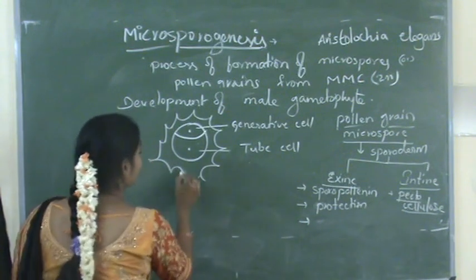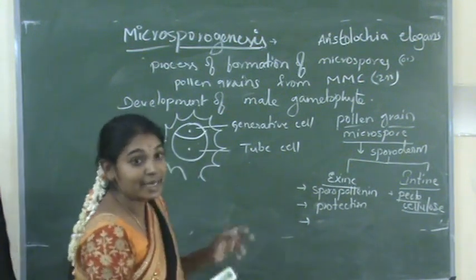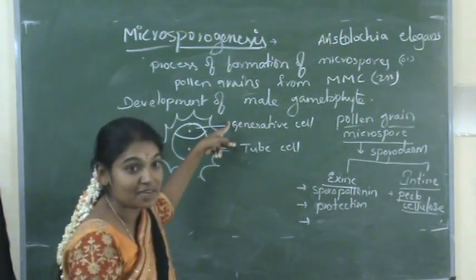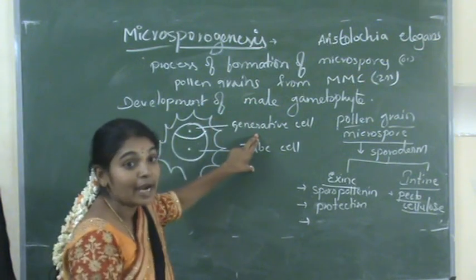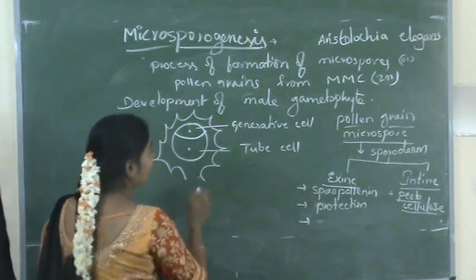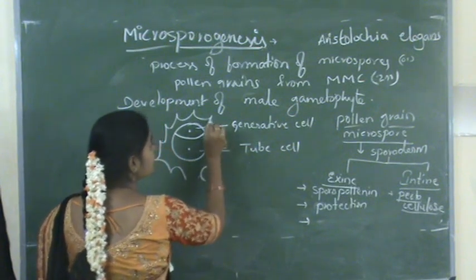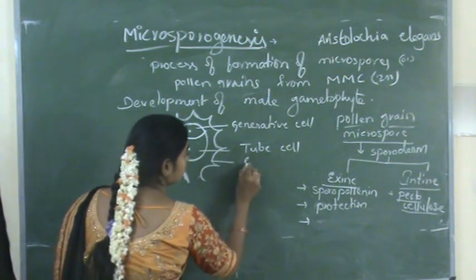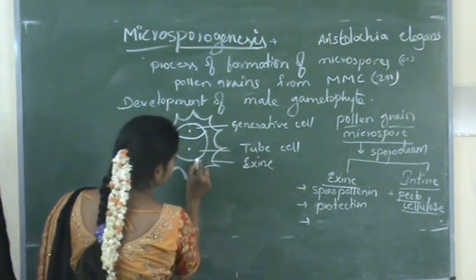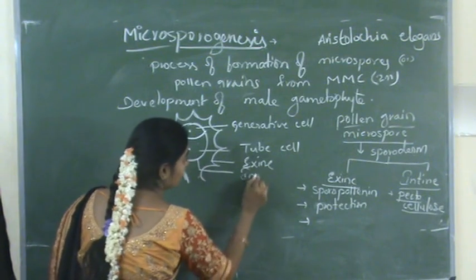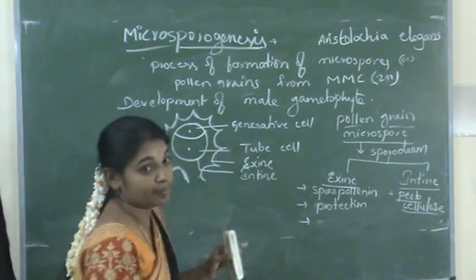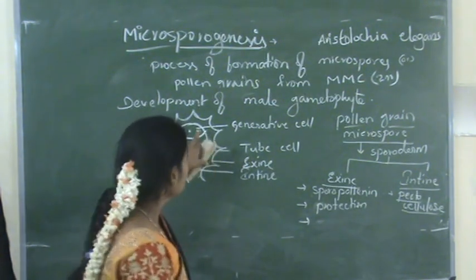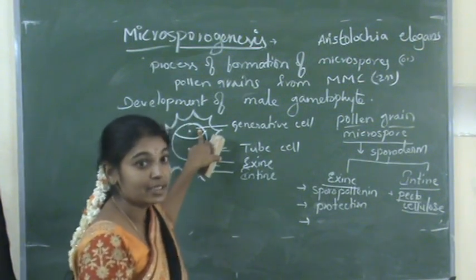Now, after the mitotic division of these tetrads, 2 different types of cells are formed: the generative cell and the tube cell, which are covered by exine. This is the exine layer, and the inner layer is called intine. The tube cell is the larger cell, and the generative cell is the smaller cell.